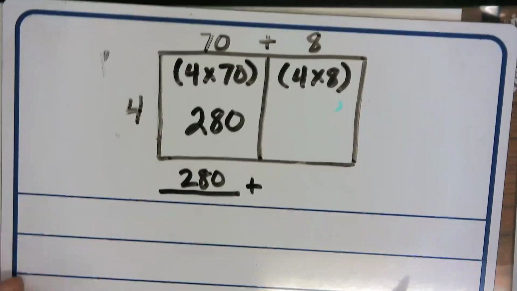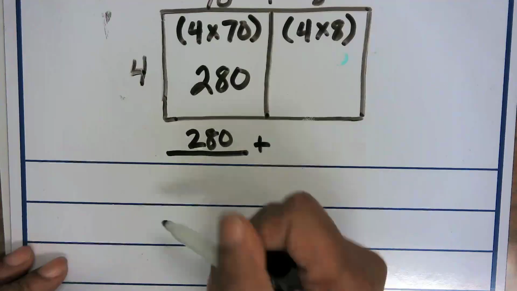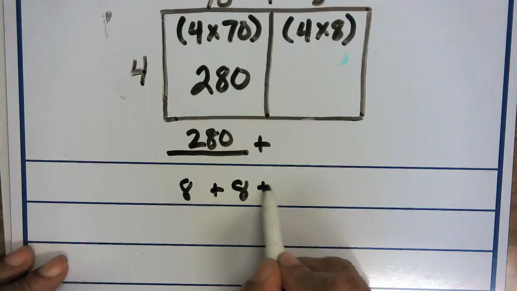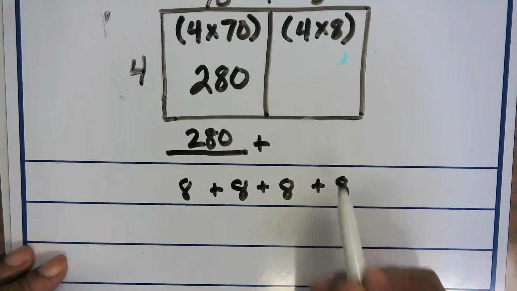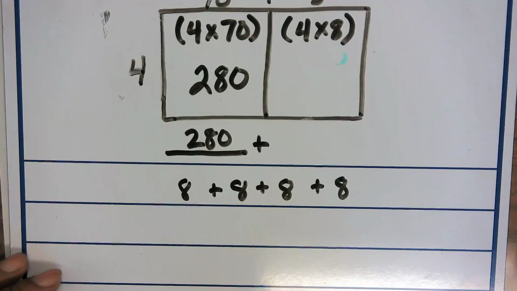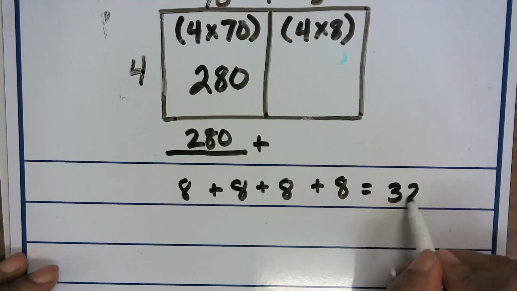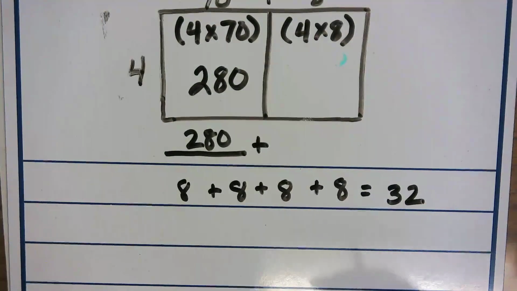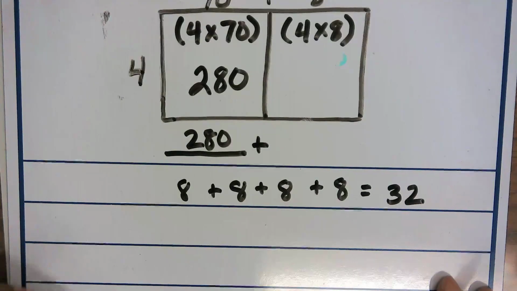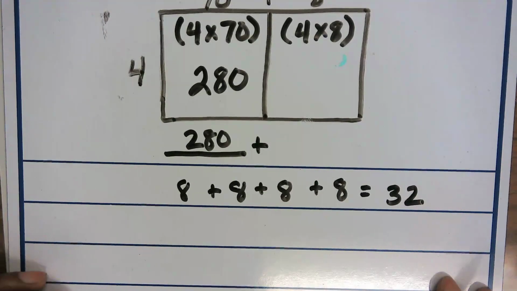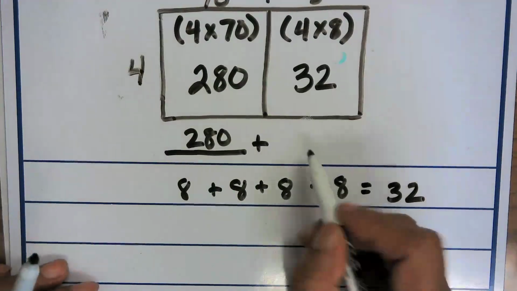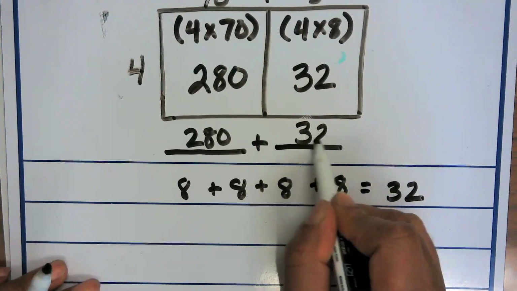Well, 4 times 8 is the same as saying 4 times as many as 8, which is 8 plus 8 plus 8 plus 8. And when I add up my sum, it's 32. But because we work on our math facts so we can be more efficient, 4 times 8 is 32. Our second partial product has been solved for.